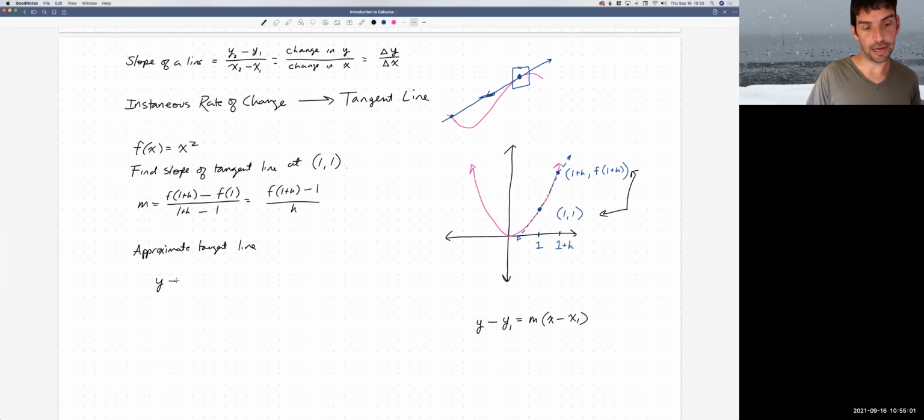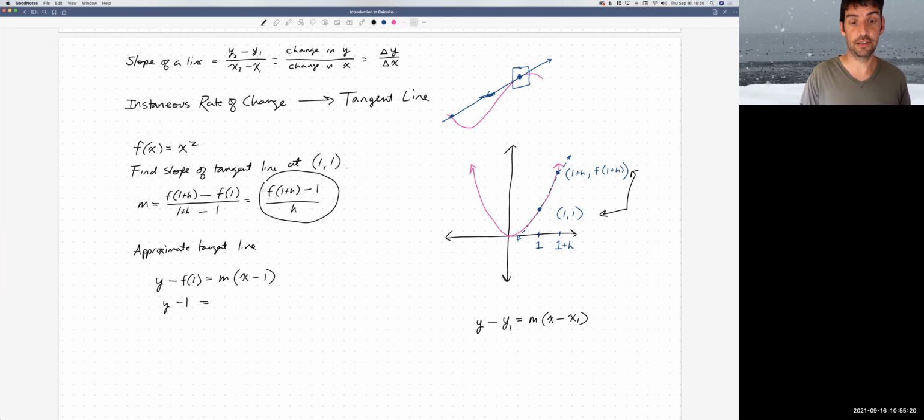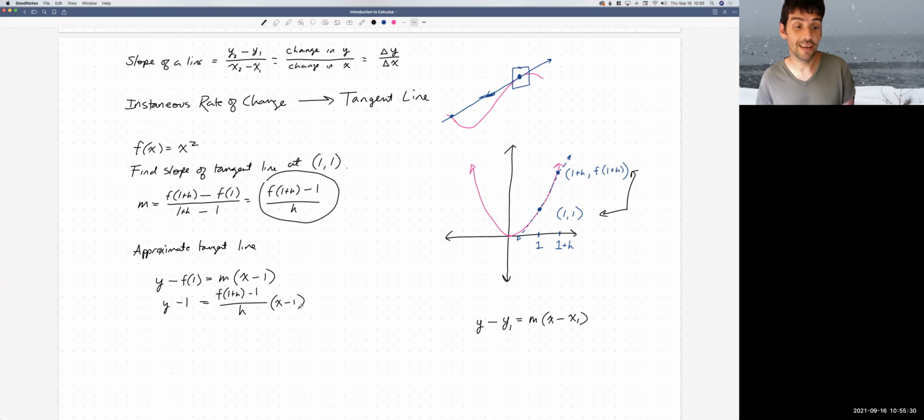We'll get y minus the y coordinate, f of 1, is equal to m times x minus the x coordinate, which is 1, right? That's the point where we want this line to exist. We know what f of 1 is, 1. We know what m is. We have it written down right here. We get f of 1 plus h minus 1 over h times x minus 1. Okay, this would give us the approximate tangent line to this graph.